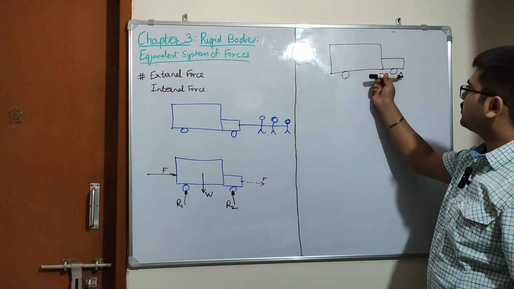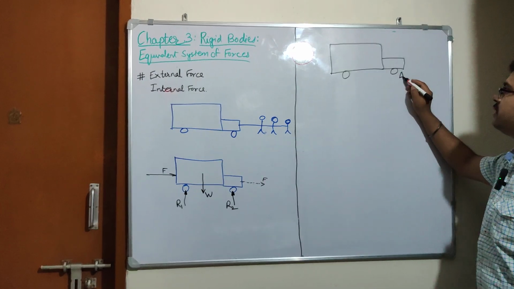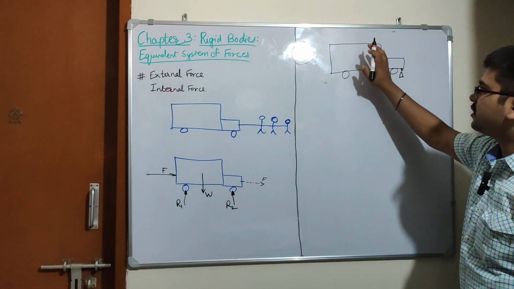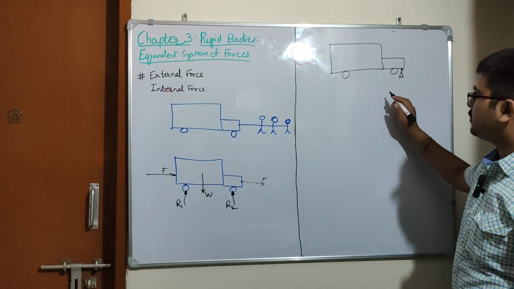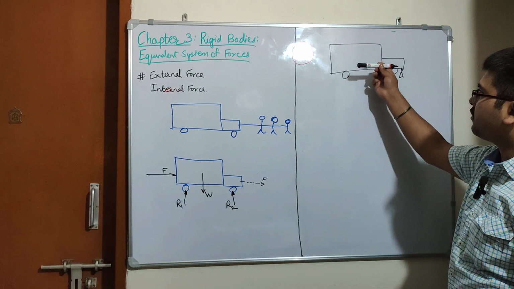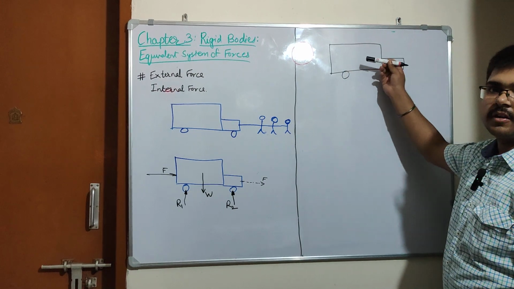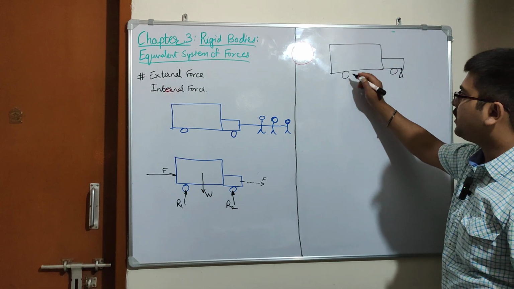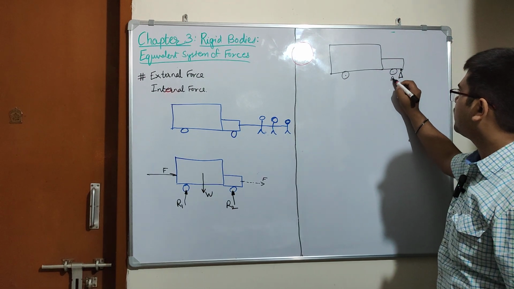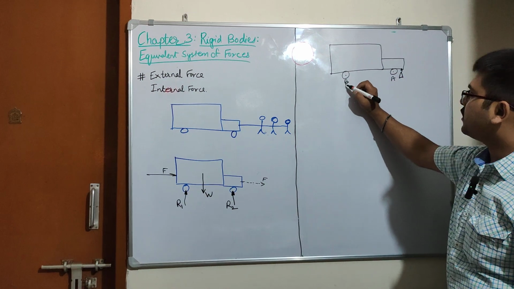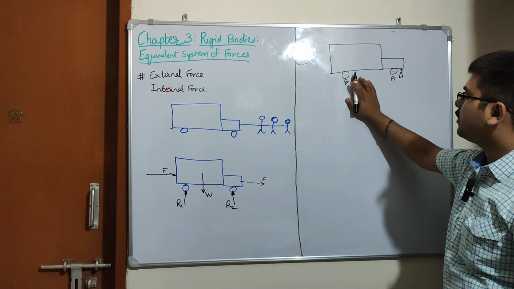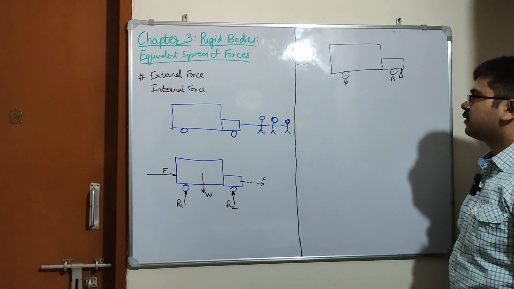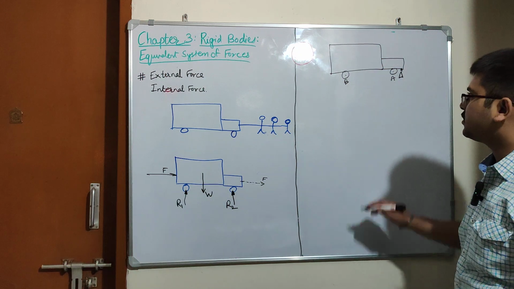A jack was kept here, and this jack pushed the truck upwards. So the truck will go like this. That is called pivoting about a point. Suppose this is A and this is B, then the truck would have been pivoted upon point B. So that is called rotation.